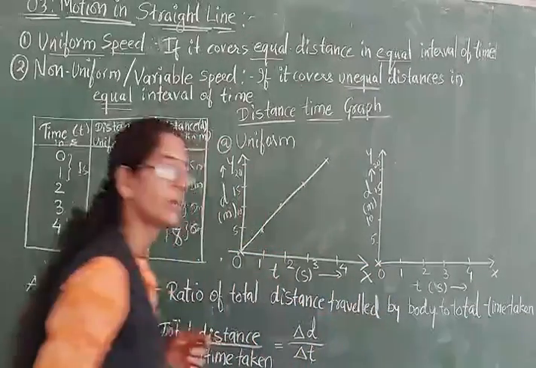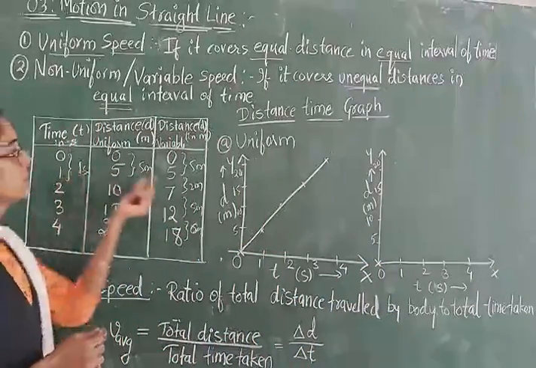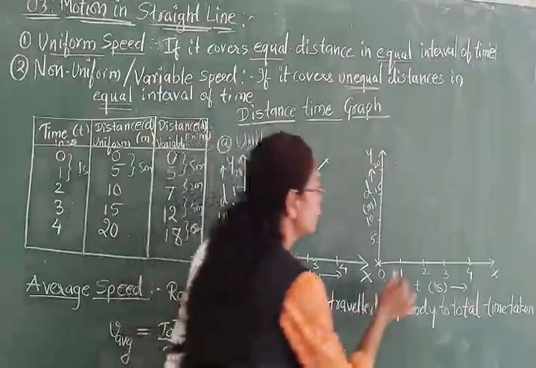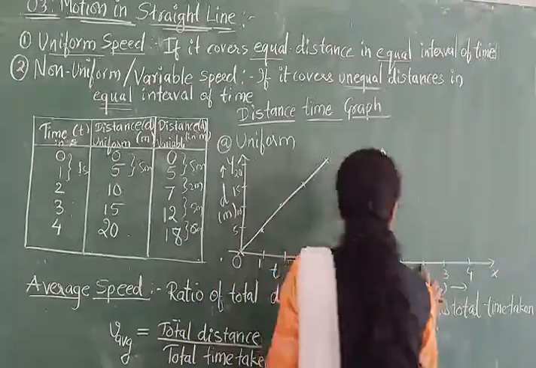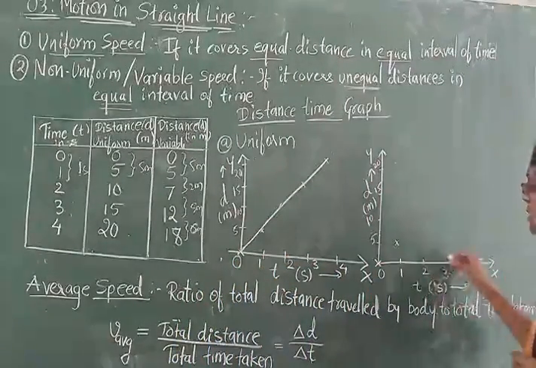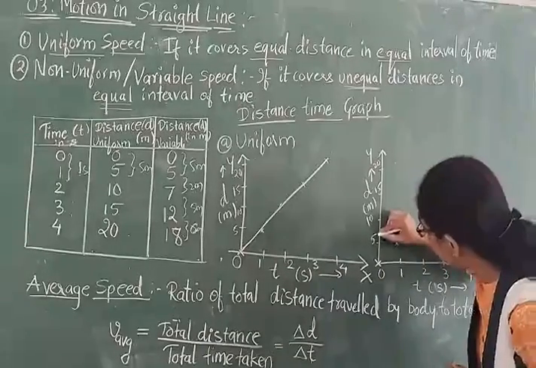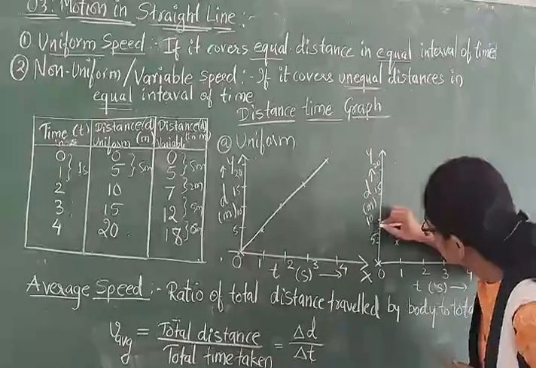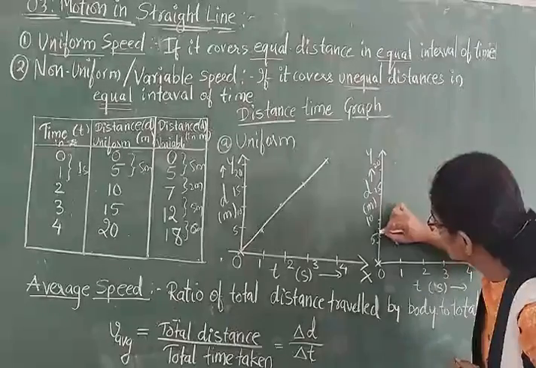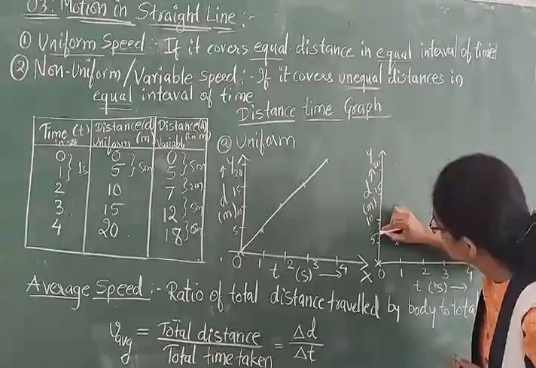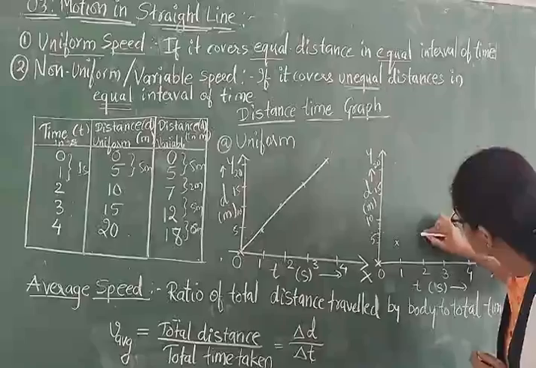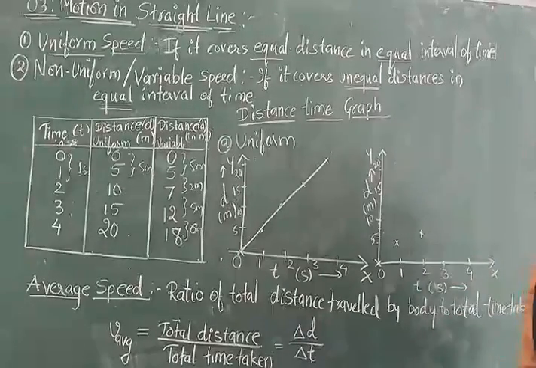Then for the first second, it will cover a distance of 5 meter. The next second, it will cover a distance of how much? 7. If I divide it into 5 equal intervals, 6, 7, 8, 9, 10, this is my 7. So when I plot the 7th point, I get it over here.